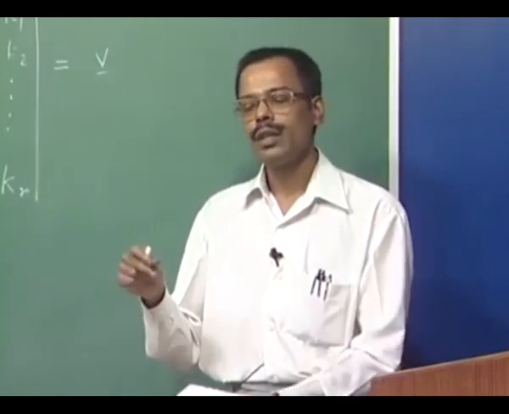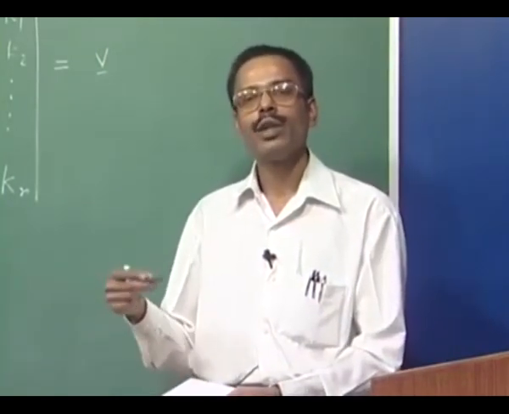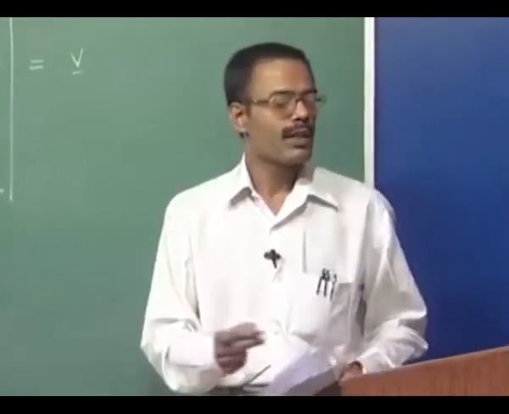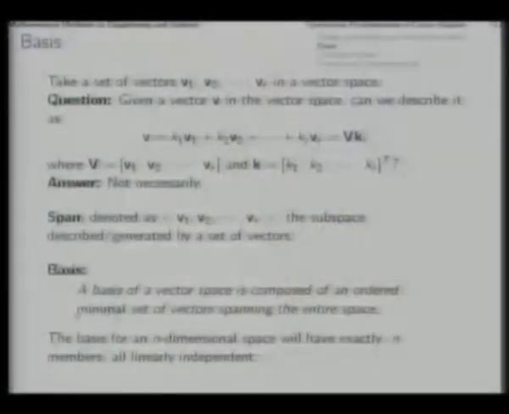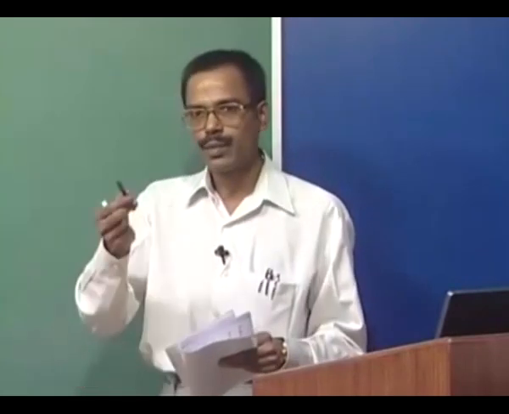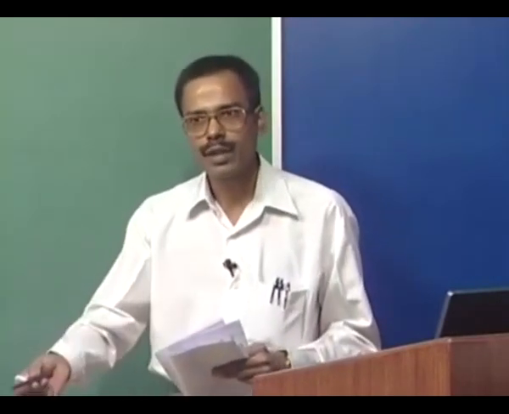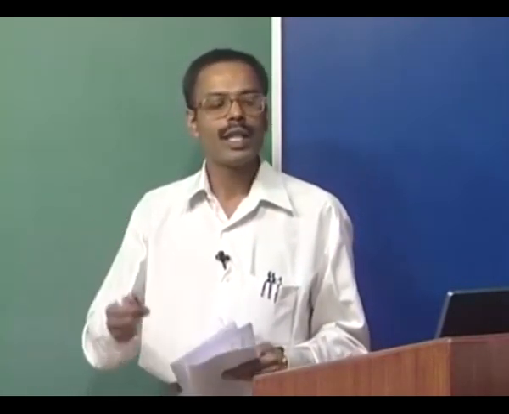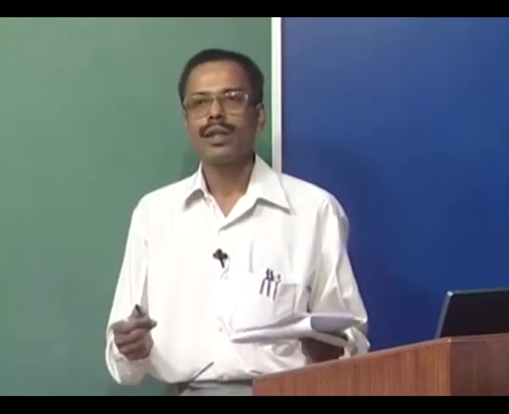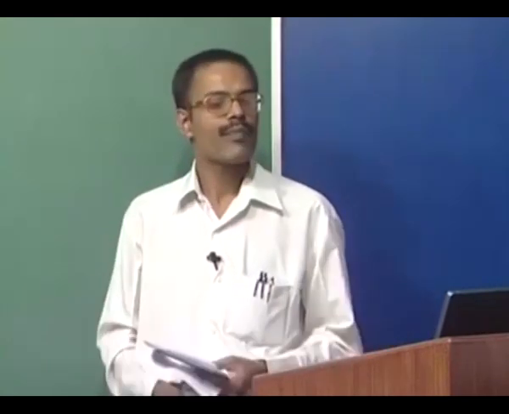If we can, then whichever vectors are not required, we throw them out. That is the meaning of the word minimal here. And then we need an ordering among them. This is our first basis member, this is our second basis member, this is our third basis member, and so on. What remains gives us the basis of a vector space.